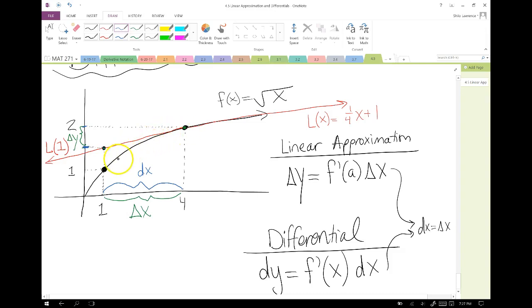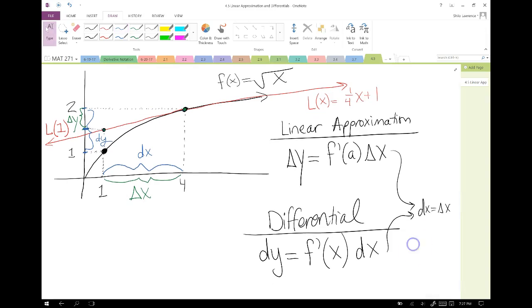If I look at where my function really ends up, it's here. That distance between my original y value and my new y value based on the function, that is dy. dy is based on the actual function values, and we can get that with our differential. So dy and delta y are not exactly the same thing, but dx and delta x are always exactly the same thing.